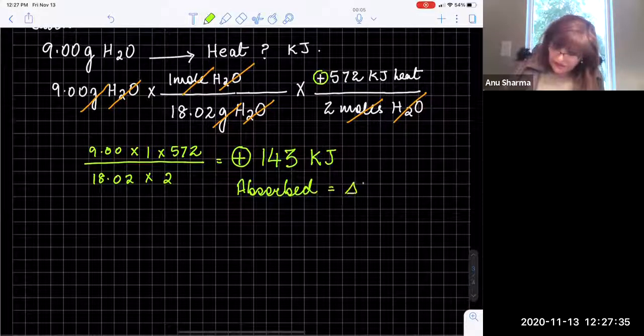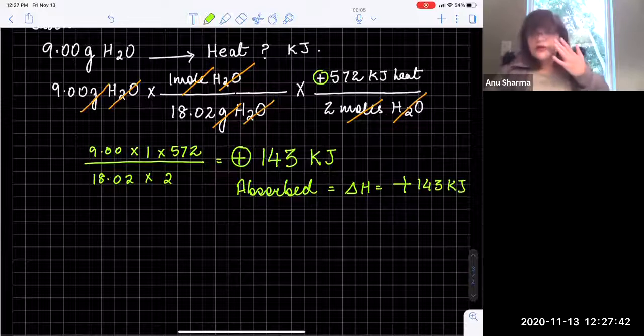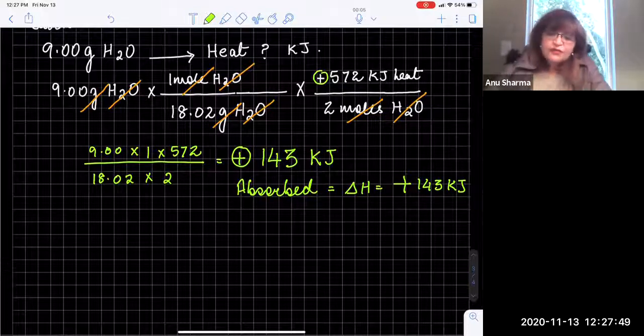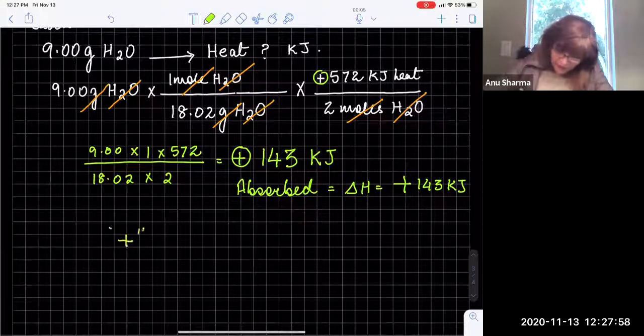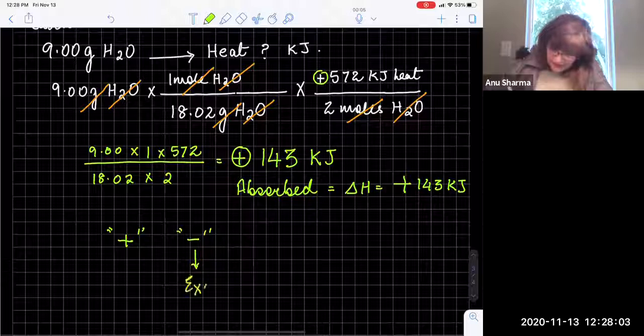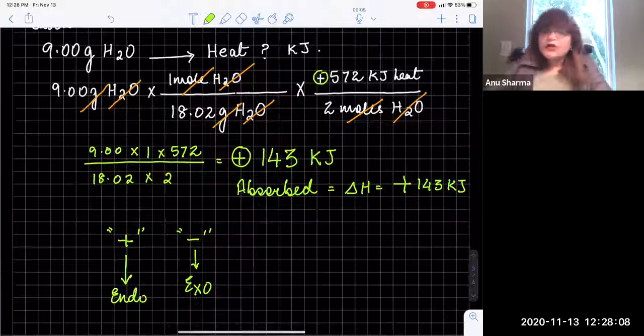Therefore, the value of delta H is equal to positive 143 kilojoules. So it's very important that you look at the details in the question, whether in the multiple choice, sometimes we give you negative 143, sometimes we give you positive 143, and sometimes none of the above. So it's very important you understand the meaning of positive and negative. Negative is exo and positive is endo, always, no matter what the reaction is.